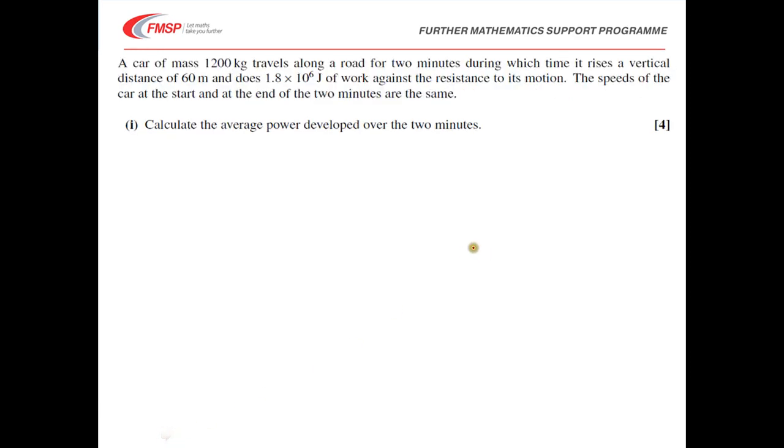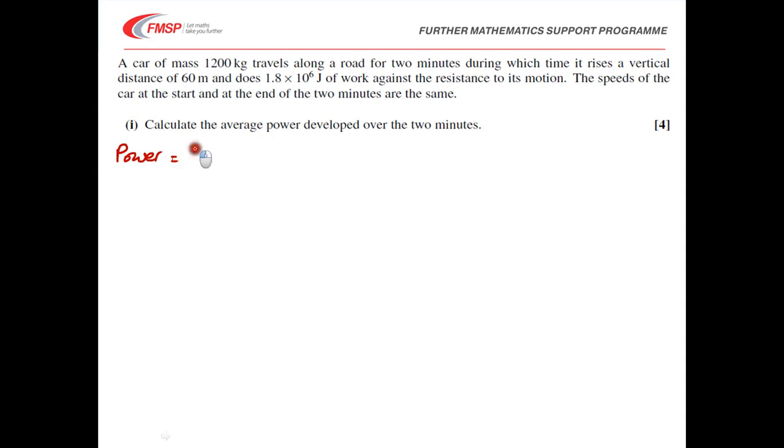Okay, so the car's travelling along the road for 2 minutes, during which time it rises a vertical distance, etc. We have to calculate the average power developed over the 2 minutes. Now, power is rate of work being done, so average power can be worked out by calculating the total work done and dividing that by the total time. So let's just make a little note of that.